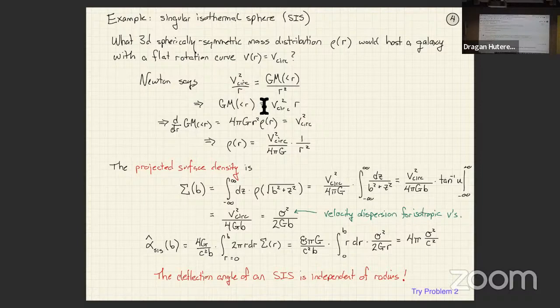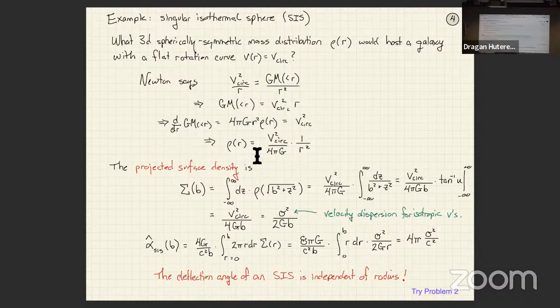All right, so we know that v squared over r is GM over r squared, and that tells us that the mass enclosed within a given radius has to equal v squared r over G. And if we want to know the density distribution that would cause that, then the derivative of the enclosed mass with respect to radius has to equal 4 pi r squared times rho.